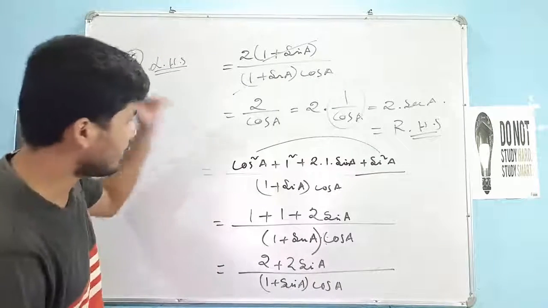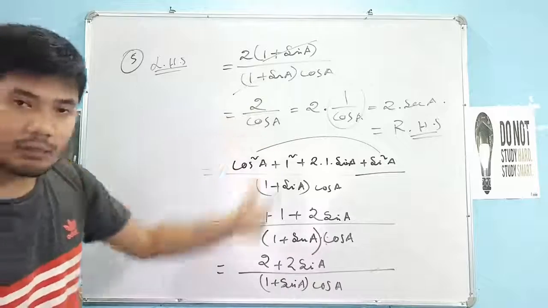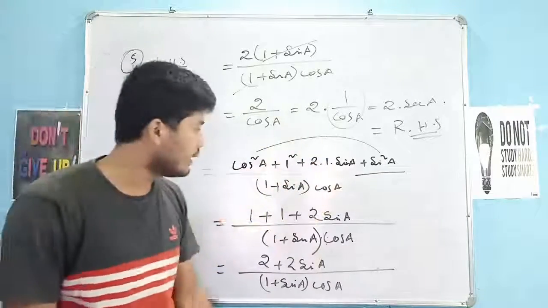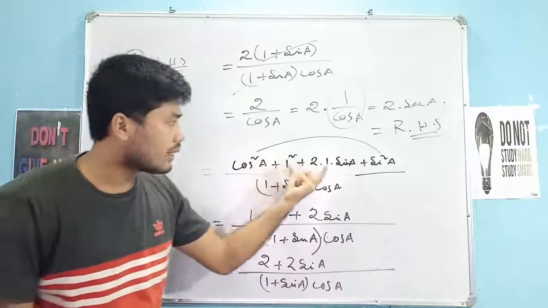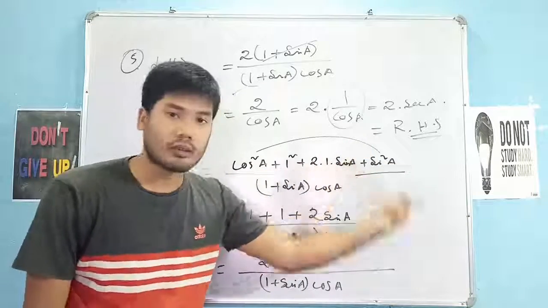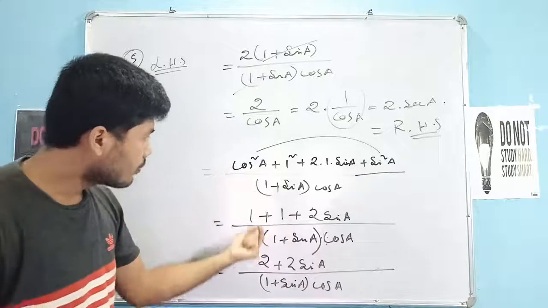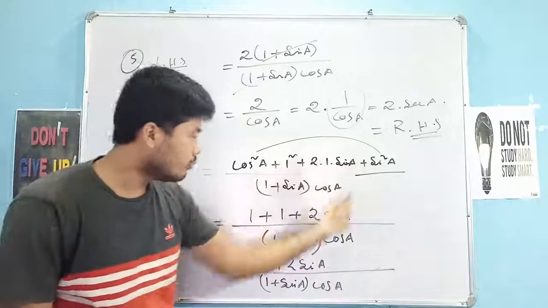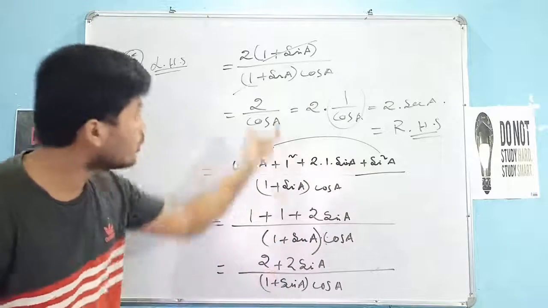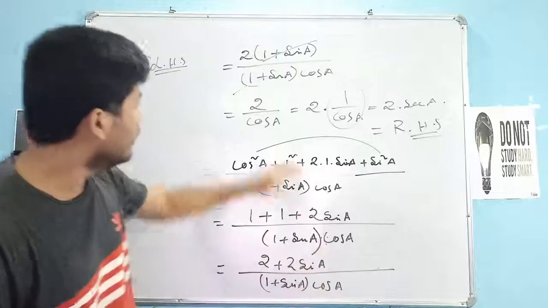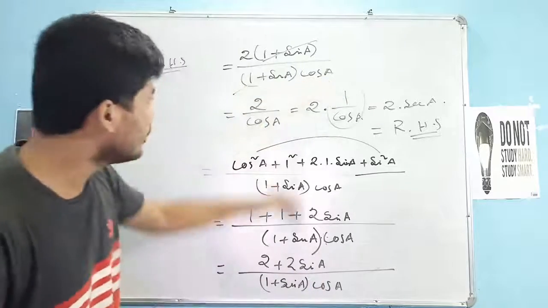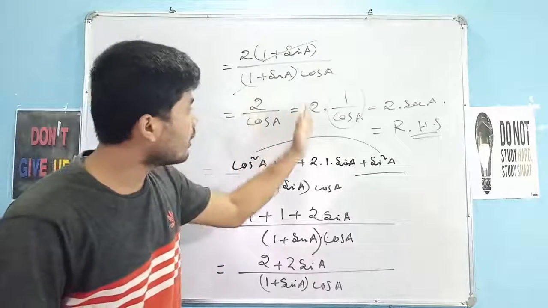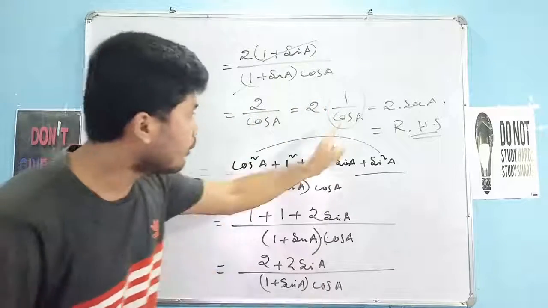Was it not very easy? What did I do? I took the LCM, then cos square A plus 1 plus sin A whole square came, then I expanded A plus B whole square, then cos square A plus sin square A, the value is 1, 1 square is 1. Now 1 plus 1 is 2, then I took 2 common, 1 plus sin A, then in the denominator we have 1 plus sin A into cos A, so 1 plus sin A and 1 plus sin A get removed, 2 by cos A, and we can write it as 2 into 1 by cos A, and what is 1 by cos A?